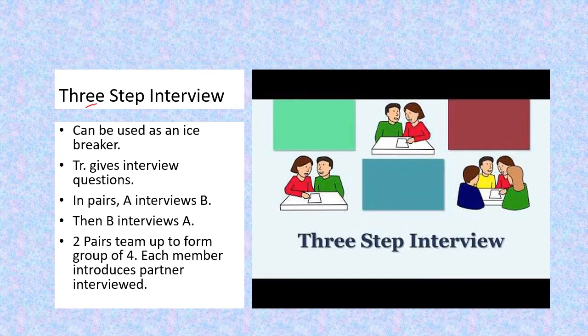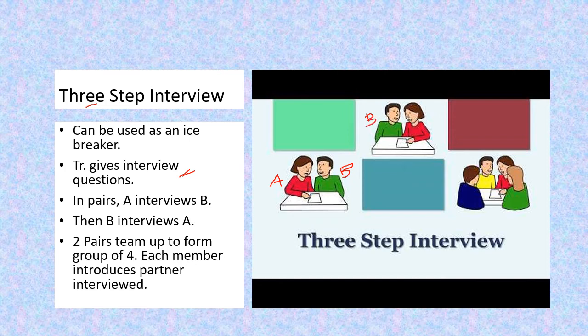3-step interview can be used as an introductory activity or an icebreaker. The procedure is the teacher provides interview questions. In pairs, student A interviews student B, and then they reverse the roles.